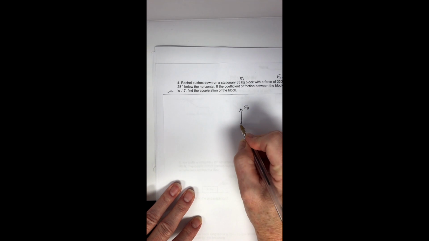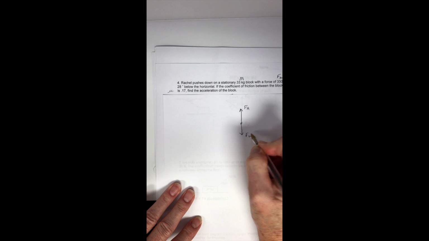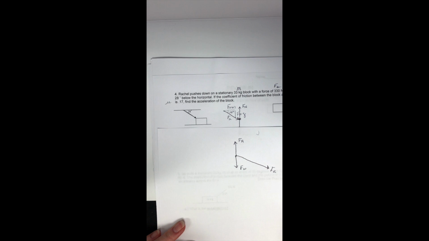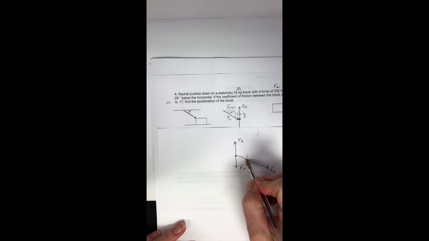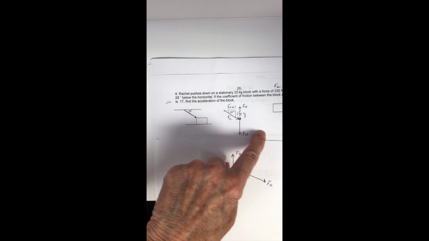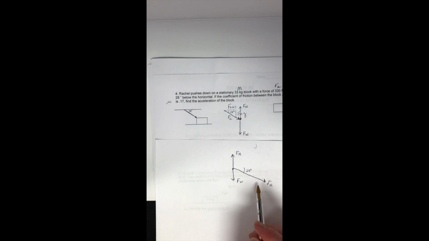Force normal, force weight, and then I draw force applied out this way. Why? It's still the same force, I'm just showing it on the other side. This is the 28 degrees. So instead of being on this side, I just took it all the way over on this side. We always have force applied on this side anyway.